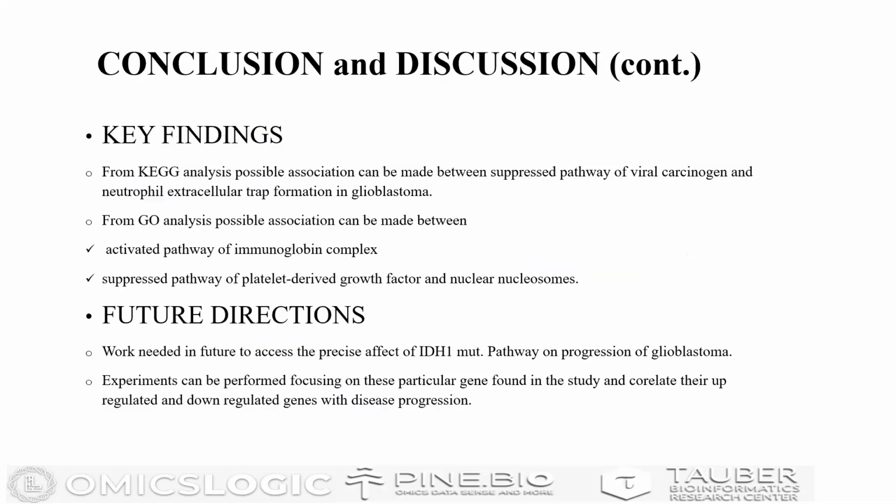Key findings are: from KEGG analysis, a possible association can be made between the suppressed pathway of viral carcinogenesis and neutrophil extracellular trap formation in glioblastoma. From GO analysis, a possible association can be made between the activated pathway of immunoglobulin complex and the suppressed pathways of platelet-derived growth factor and nuclear nucleosomes.